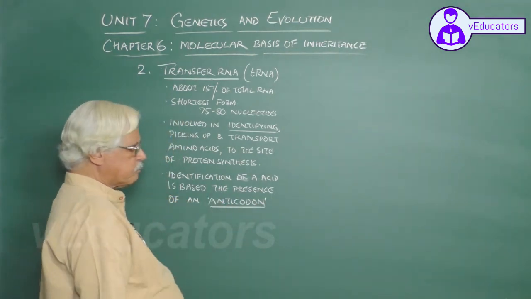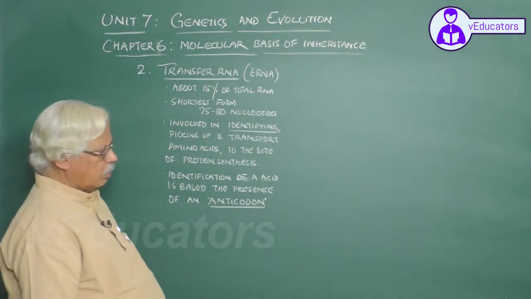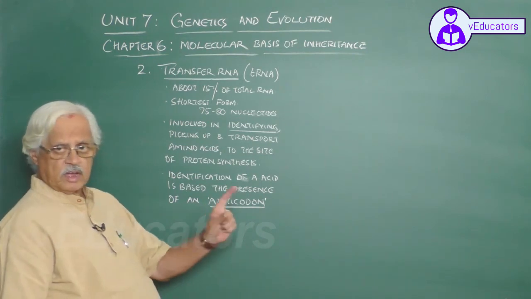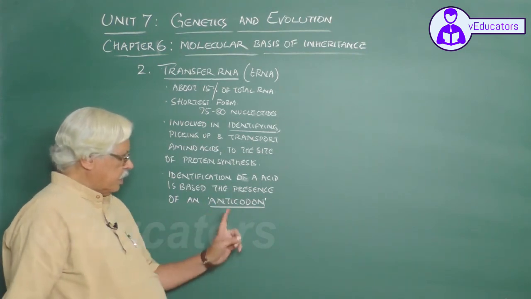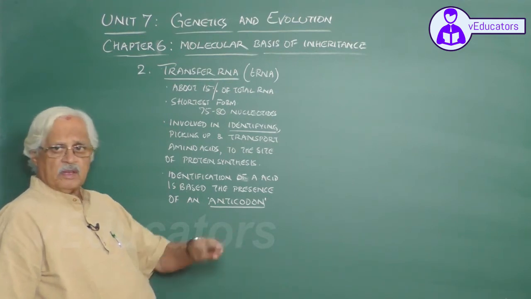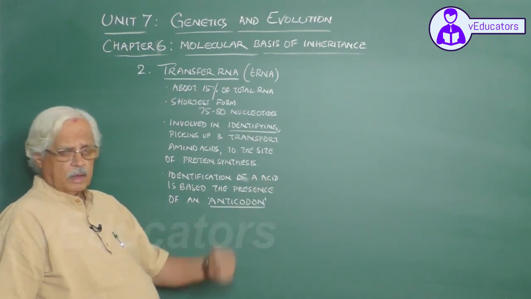Remember, in the mRNA we have talked about the codon, a combination of 3 successive nitrogen bases that specifies an amino acid. An anticodon is complementary to the codon present in the mRNA.